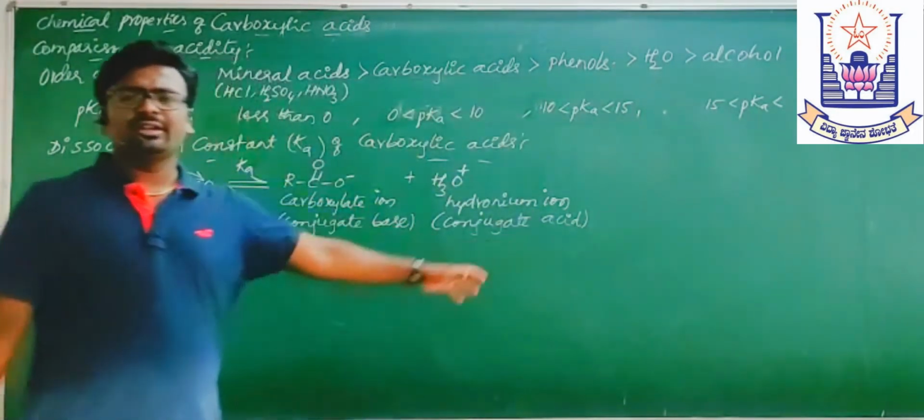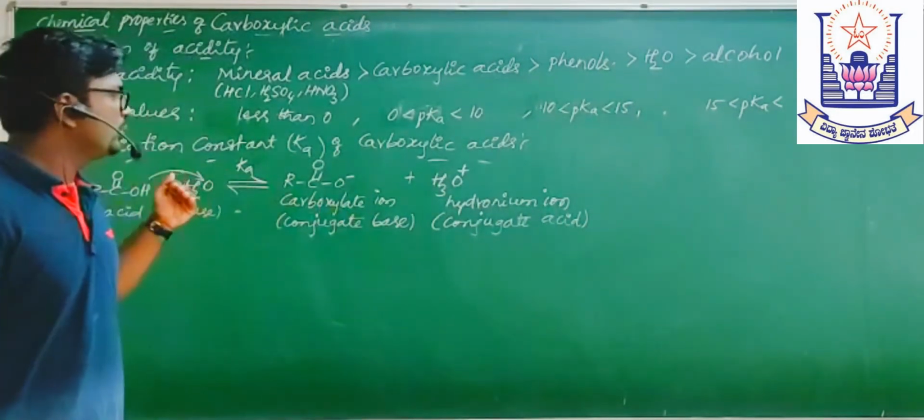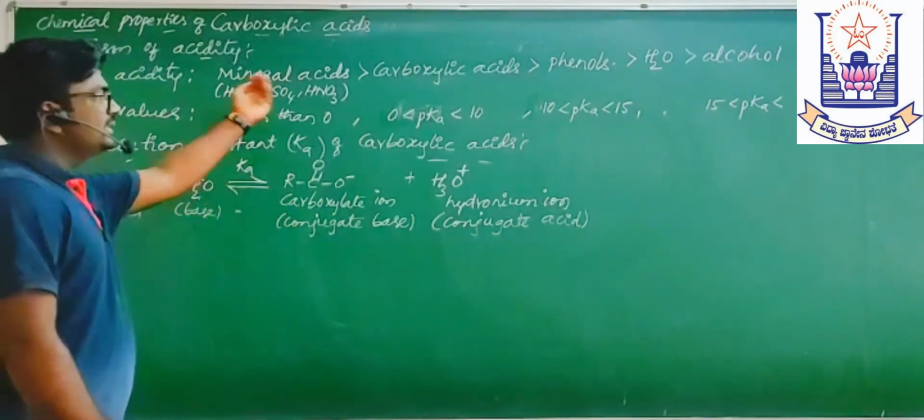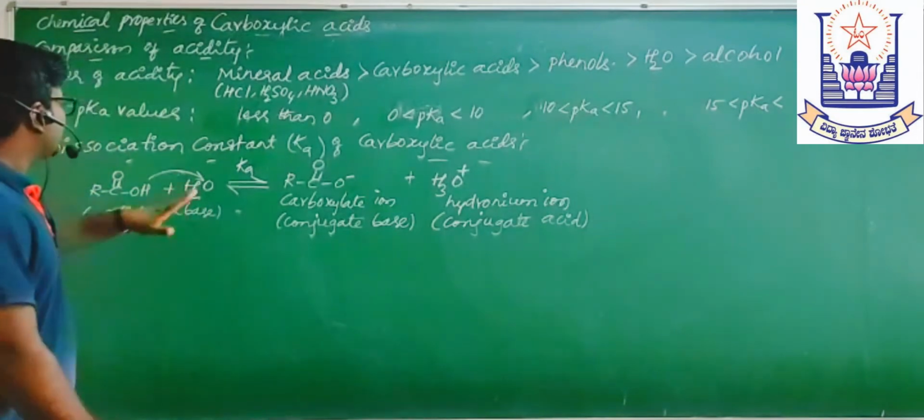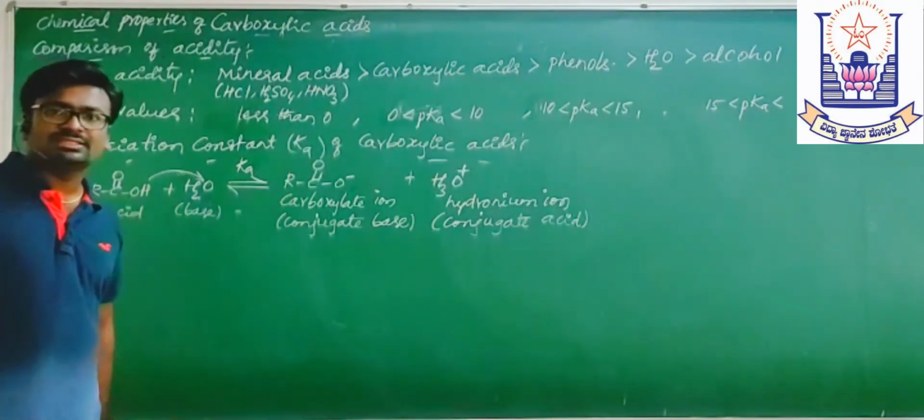This is not required, but to show you how acidity is related to the pKa value, we need to understand what Ka is: the dissociation constant of an acid.